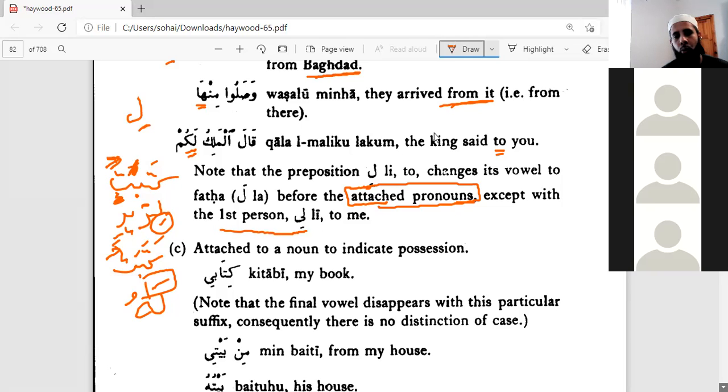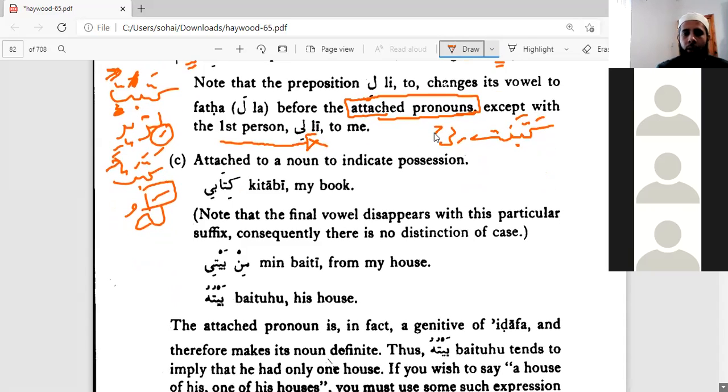So katabat li. Here it doesn't change; the lam still takes kasra, which means she wrote to me. Does that make sense? She wrote to me.